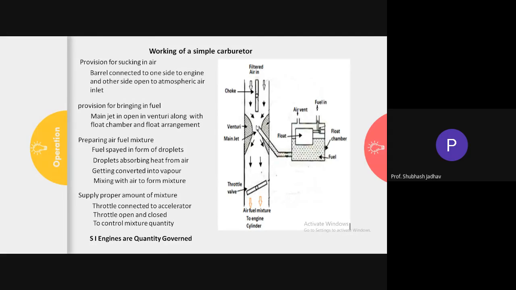Okay, when we suck, we are creating negative pressure. Atmospheric pressure is acting on the cold drink surface in the bottle. बरोबर.